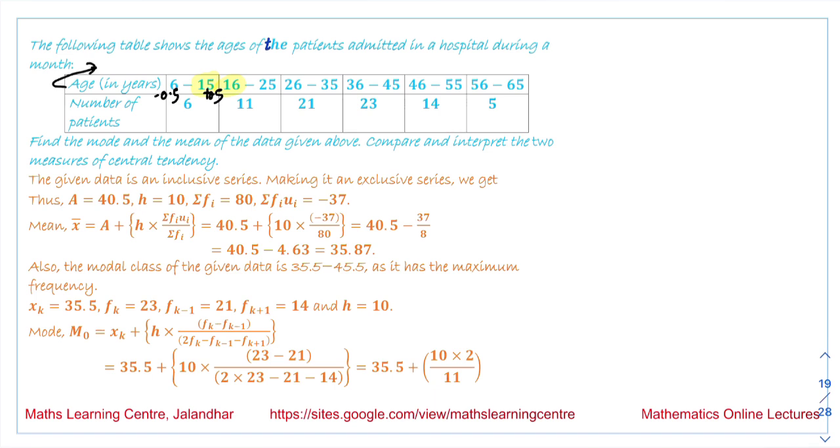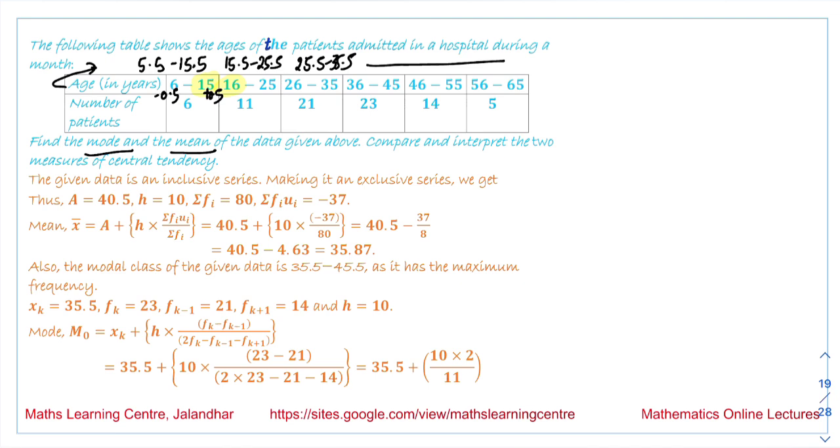These classes we will obtain are 5.5 to 15.5, then 15.5 to 25.5, then 25.5 to 35.5, and so on. Now we have to find the mode and mean of the data given above, compare and interpret the two measures of central tendency. So we have to calculate the mean as well as the mode.